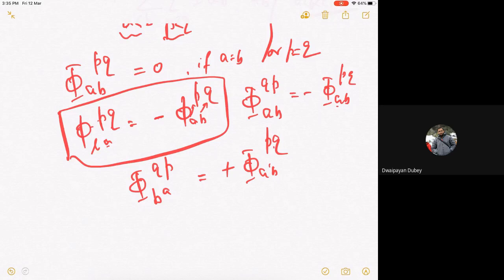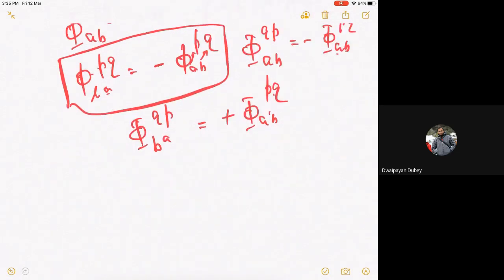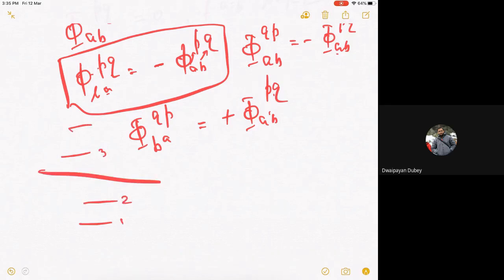You can easily see this from a 2-electron problem. Well, let's say the number of occupied spin orbitals is 2. Number of virtual spin orbitals also you can take 2, just to simplify the problem. So let's take a problem where you have 1 and 2, and 3 and 4 are virtual orbitals. So these are occupied. This is virtual.